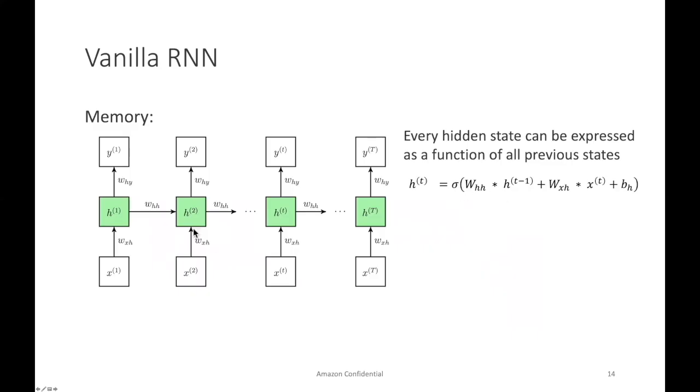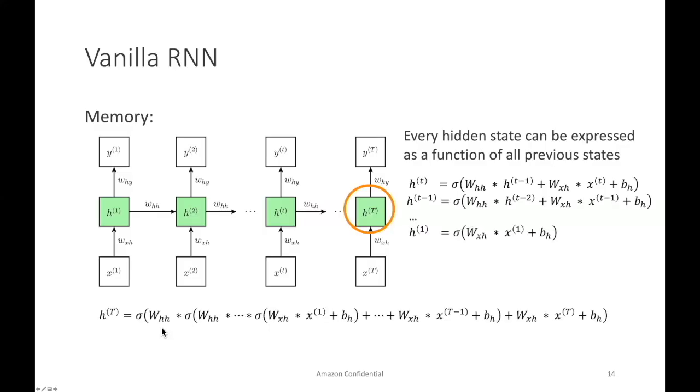So basically input multiplied with a weight matrix, previous hidden multiplied with a weight matrix, passed to a nonlinearity, and that gives the output, right? And this keeps happening continuously. So overall, if you unroll the RNN, the last time step will be something like a deep chain of these inputs and previous hidden states being multiplied together.